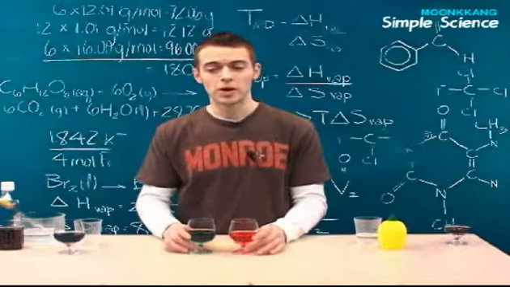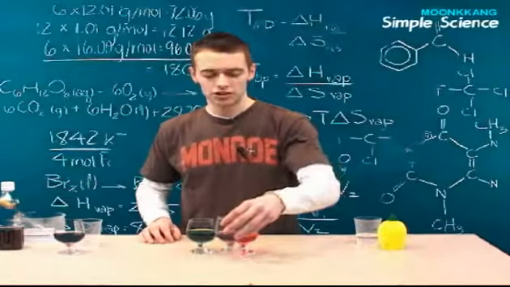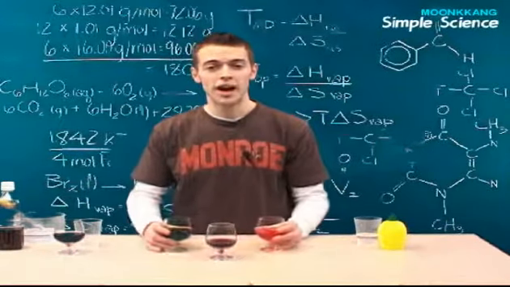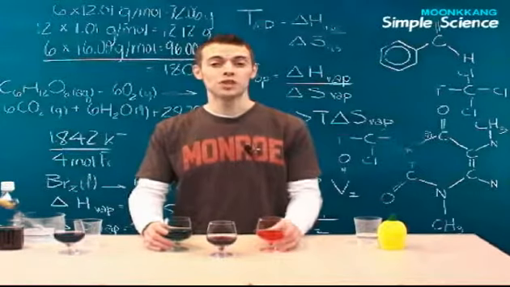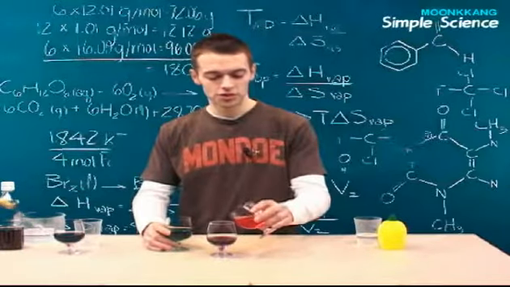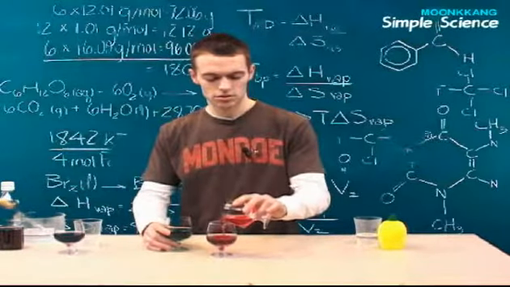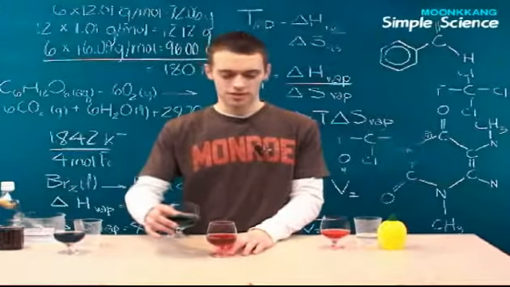So for our third experiment, let's bring in another glass of red cabbage indicator solution. We're going to see what happens when we add an acid and a base together. What do you think will happen? So first, let's add some of our acid to the solution. So as we would expect, it turns pink. Let's add some base in.